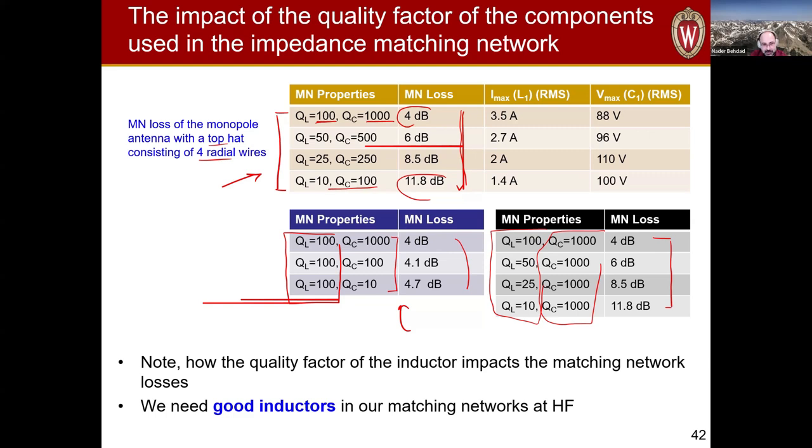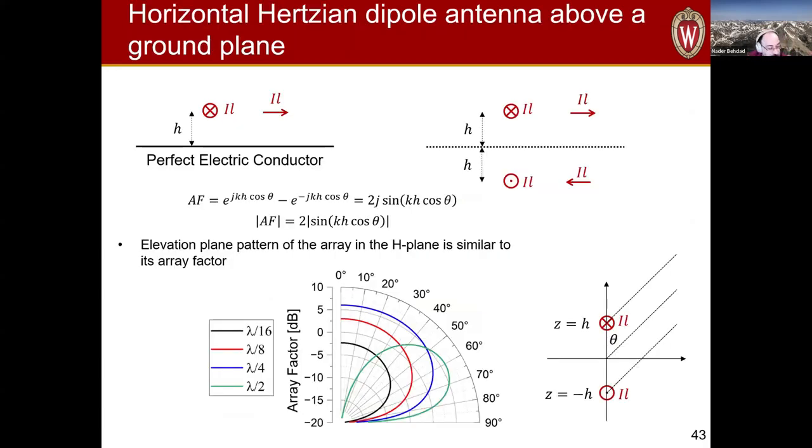So we need really high quality inductors. If you're designing an HF antenna system and want to invest energy in improving the gain of the system, trying to design matching networks that have really high quality inductors would be a good investment of time, because we end up having pretty large inductors in our systems, and the losses become very important.